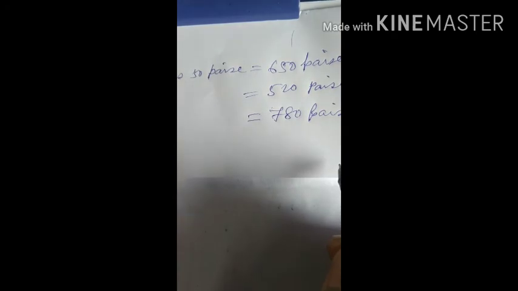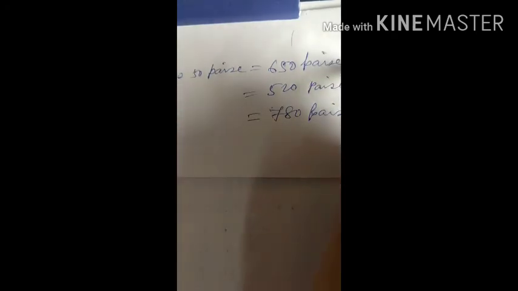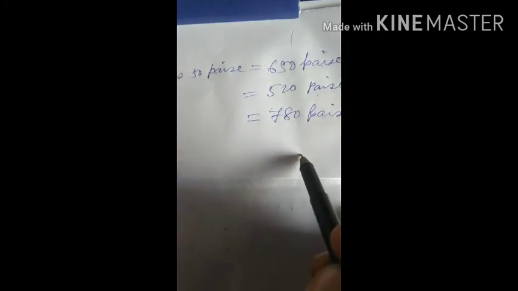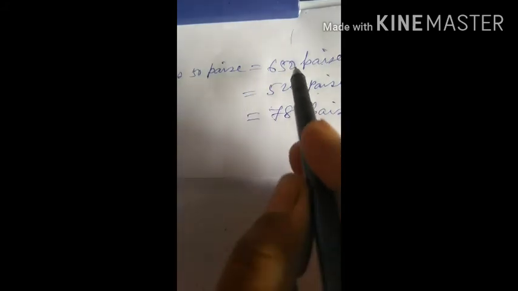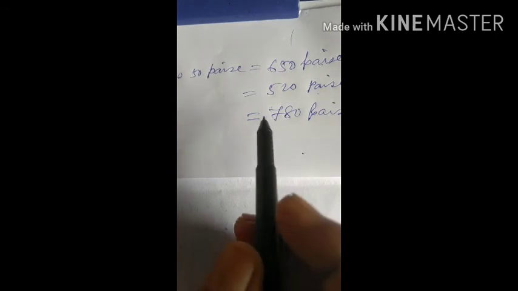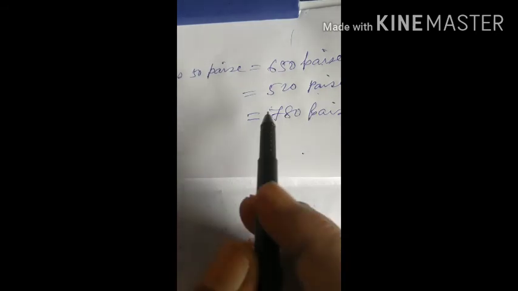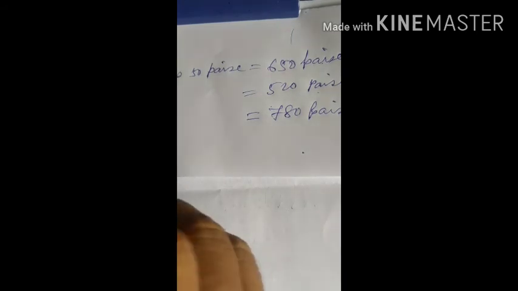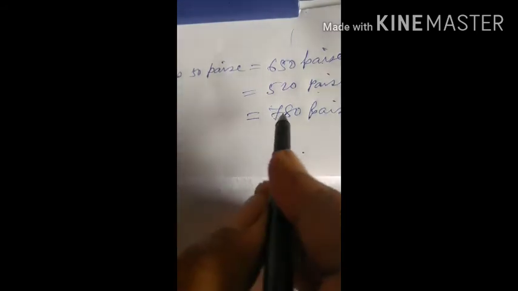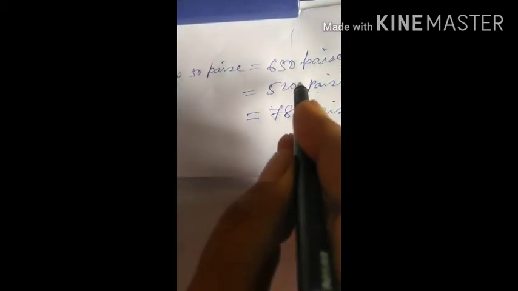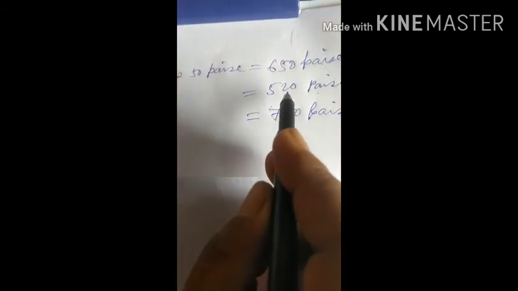So we have to find the HCF and LCM of these three, and we will get the result in paise. You can find the HCF by the long division method or the prime factorization method. First I will try to find the HCF by using the long division method.